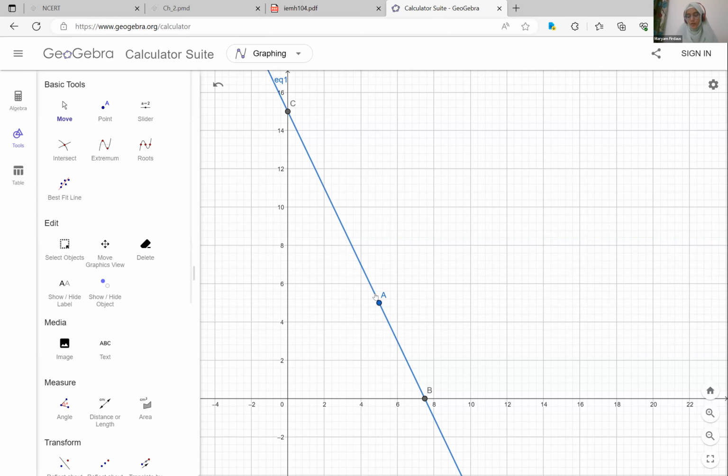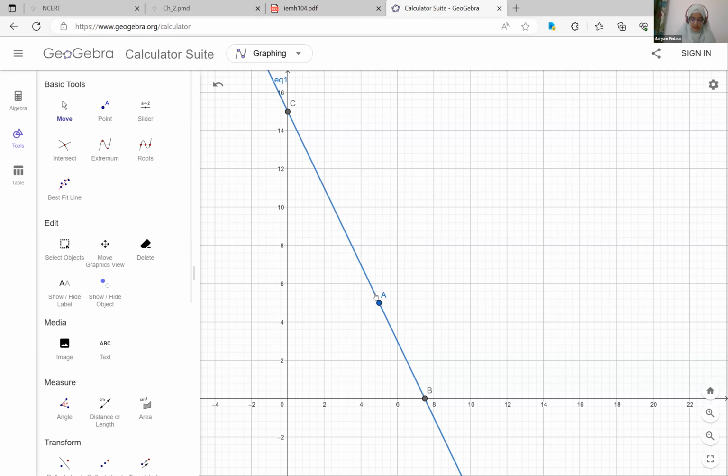Okay. So if I tell you that, let's say, A comma B is any random point. Any random point. A could be anything, B could be anything. A comma B, I'm telling you, is a solution. Or if I'm telling you that it lies on the graph of this line, it lies on the graph of this equation, then that means it is going to be a solution.